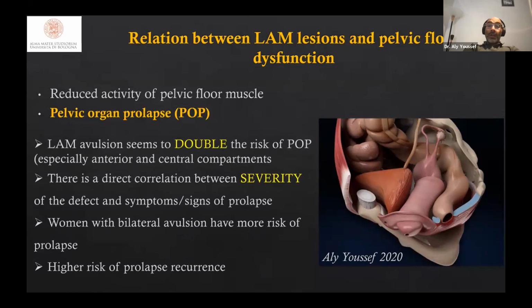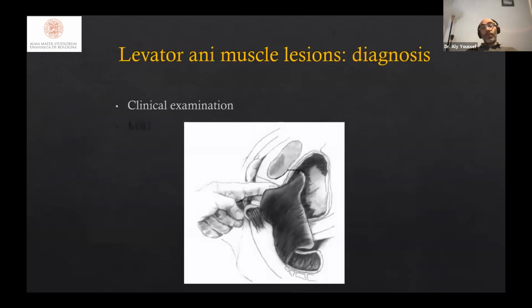The larger the avulsion, the more severe and the more frequent the signs and symptoms of prolapse. Women who have a bilateral levator ani avulsion have an even higher risk of prolapse, and women with a levator ani avulsion undergoing surgery for pelvic organ prolapse have a much higher risk of recurrence compared with women who have an intact levator ani muscle.